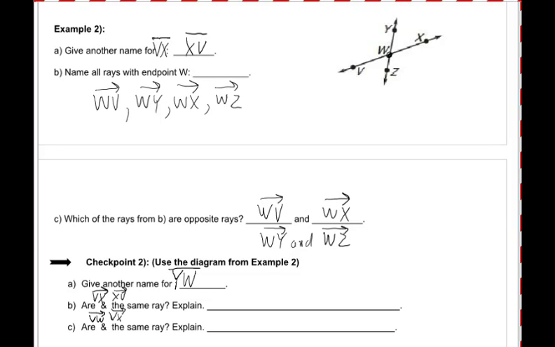Another name for YW is segment WY. Are VX and XV the same ray? No, because they have different endpoints, and travel opposite directions on the same line.